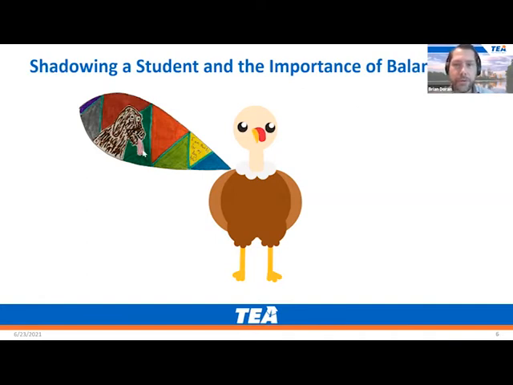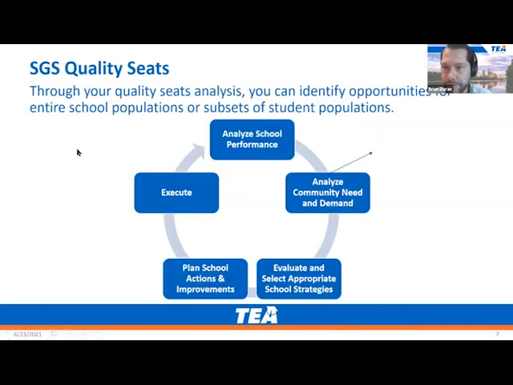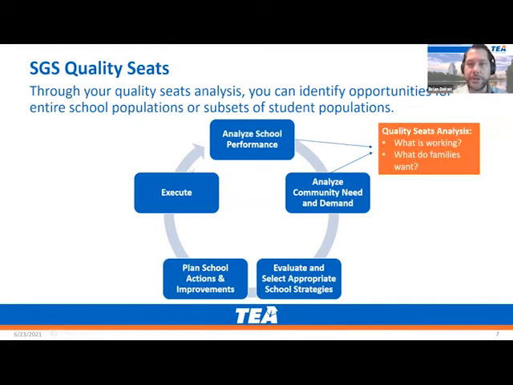So as we're talking through this, I also want to emphasize the connection of calendars to SGS. Through SGS, you'll be going through a quality seats analysis. This is really where you can identify what are your opportunities to impact students, and where are your campuses that have opportunity to impact students.